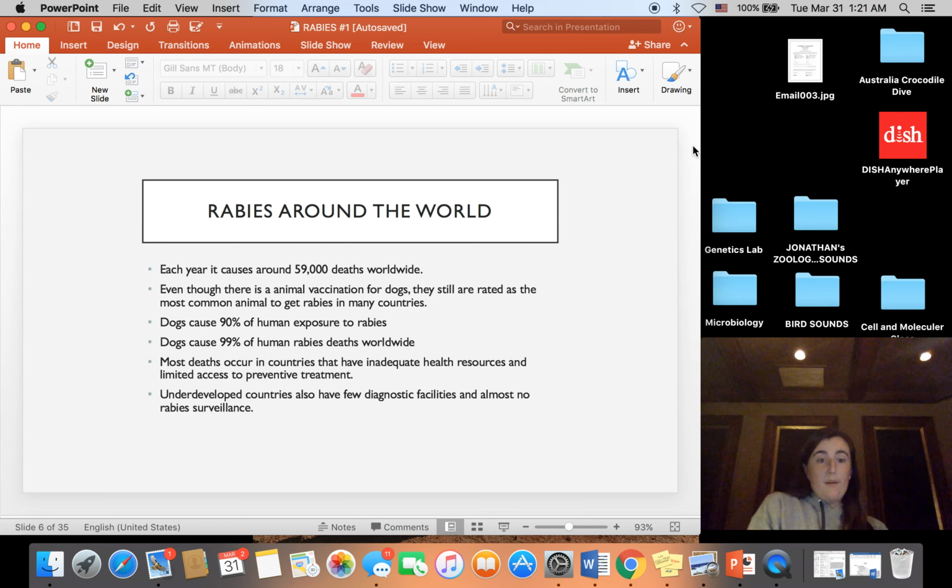Most deaths occur in countries that have inadequate health resources and limited access to preventative treatment. Underdeveloped countries also have few diagnostic facilities and almost no rabies surveillance. So in those countries, we really don't know how many rabies infected animals they have, because there's no way to truly know that number if nobody's keeping track.